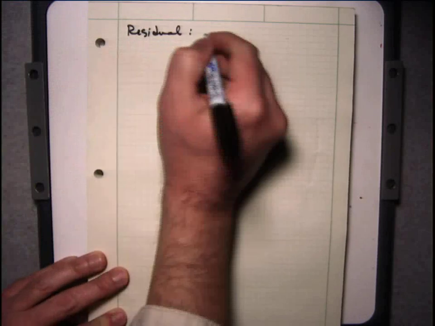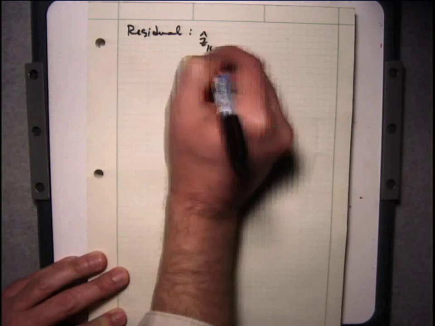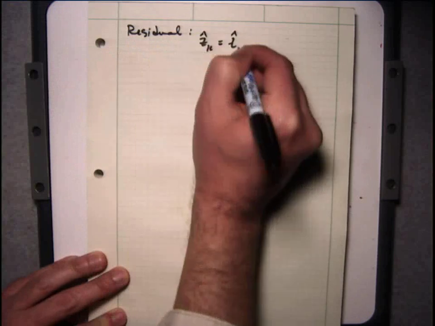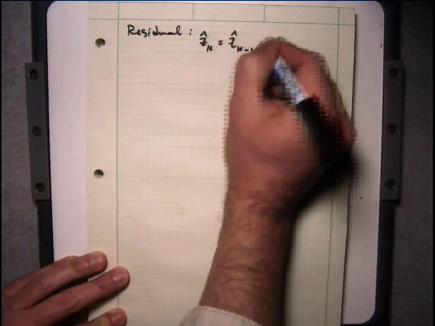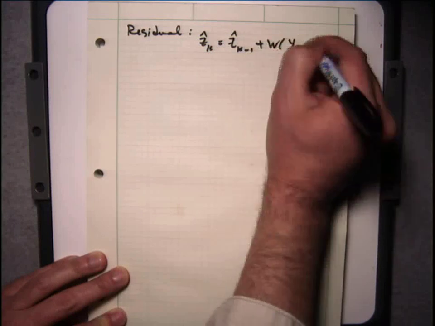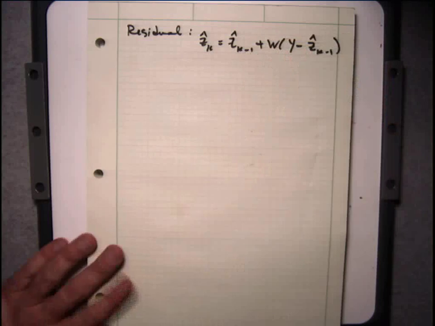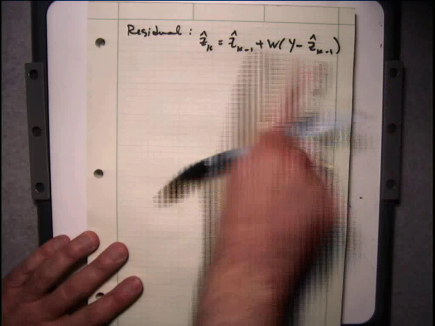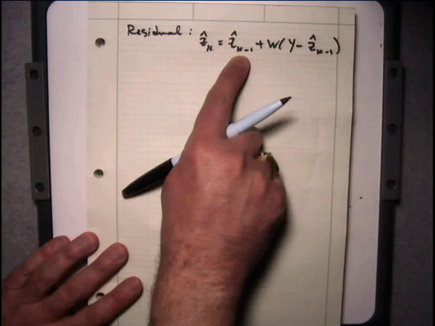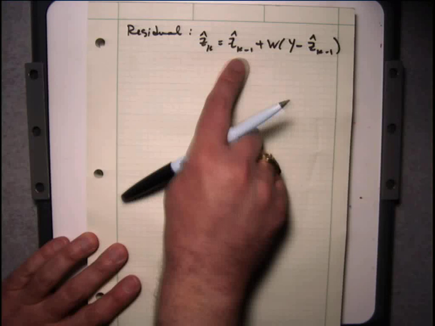The residual iteration, remember, is z hat k equals z hat k minus 1 plus w times y minus z hat k minus 1. So we do something very similar here. Again, we just write this out. I can subtract from both sides a z hat k minus 1.